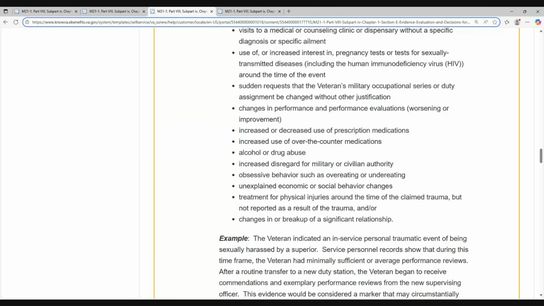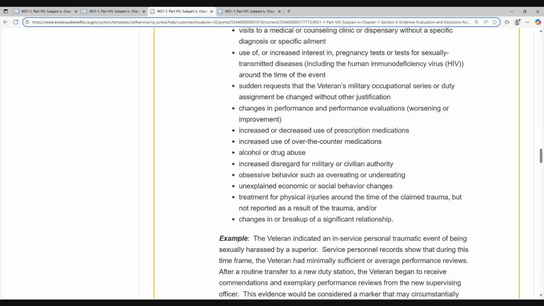Well, that wouldn't be a marker for the actual stressor event because they happened beforehand. What we're looking for is unique changes or more drastic changes. So let's say you got a counseling statement before the traumatic event, and then you started getting Article 15s and a lot of counselings afterwards. That would be evidence, right? That there was a change.